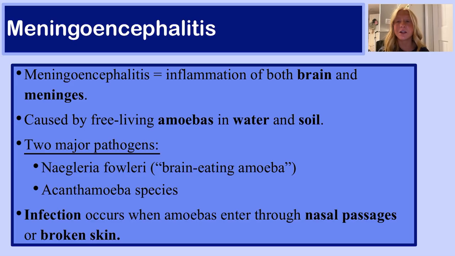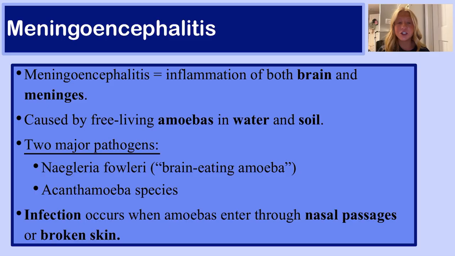So this form of infection combines meningitis and encephalitis, meaning that both the protective membranes and the brain tissues are inflamed. So meningoencephalitis, this is inflammation of the brain and the meninges. So the most notorious case lives in warm, fresh water and can infect swimmers when contaminated water enters through the nose.